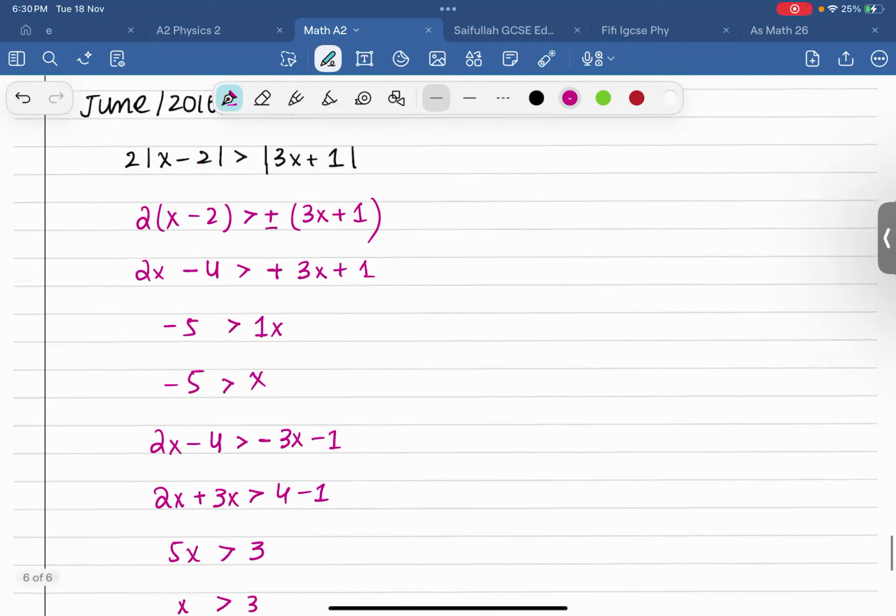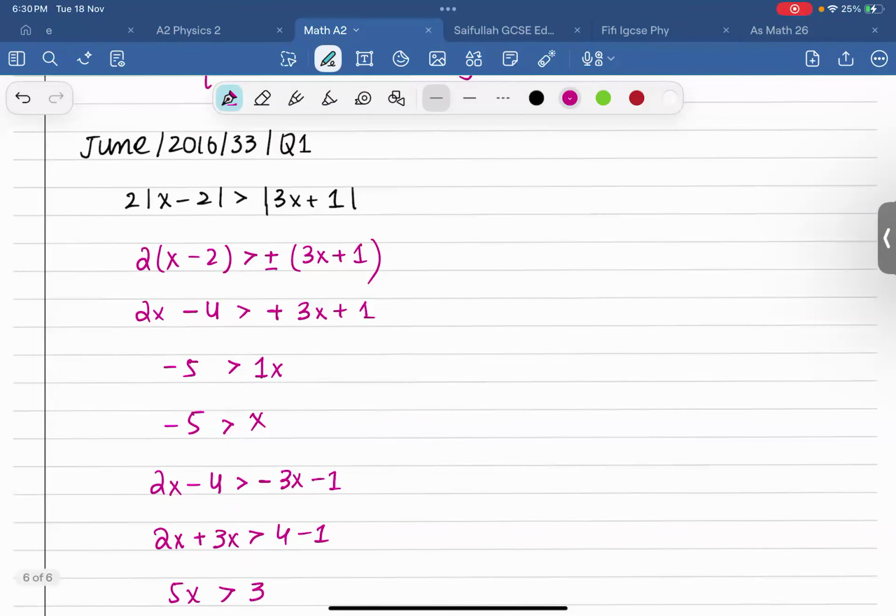If we just start putting the values, so if we have negative 5, just put negative 4 and negative 6 in, right? If you put negative 4, negative 2 comes here, and 3 times plus 1.